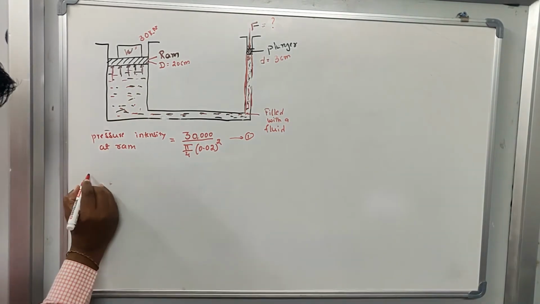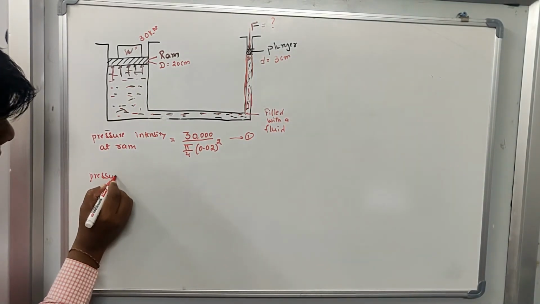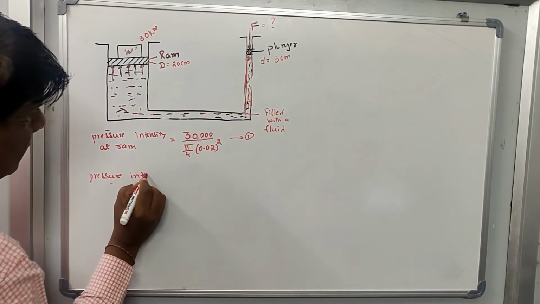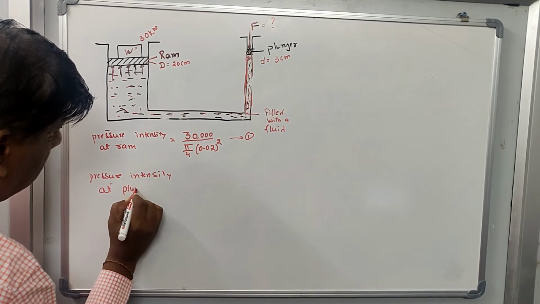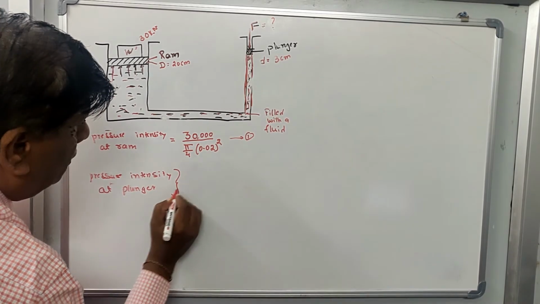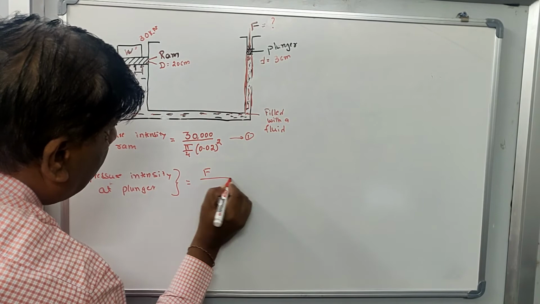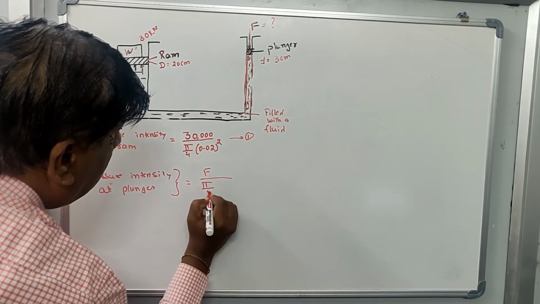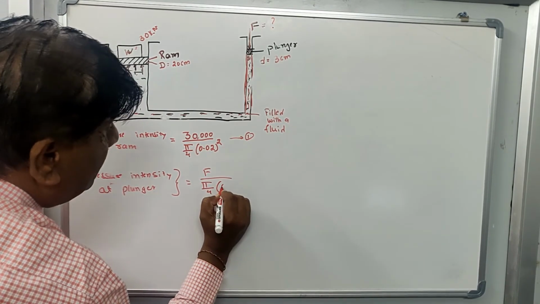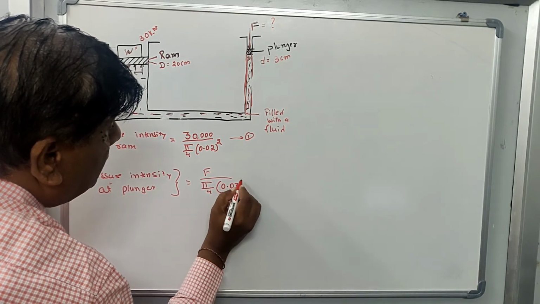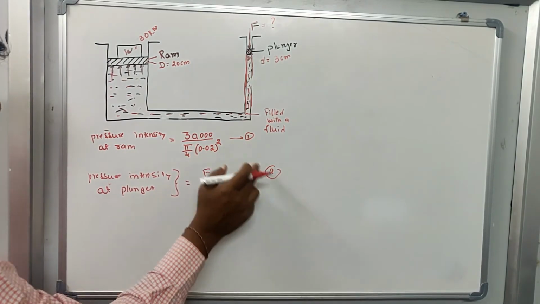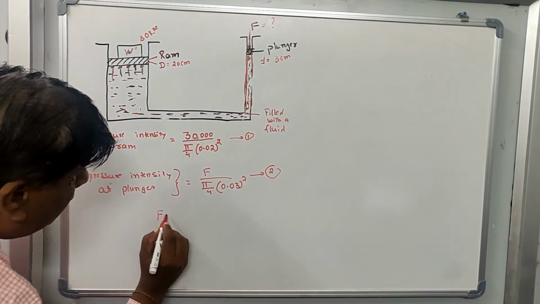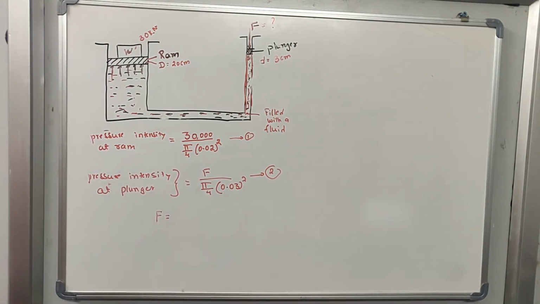Similarly, the pressure intensity at the plunger is equal to F divided by pi by 4 into 0.03 squared, where the plunger diameter is 3 centimeter. So this is equation 2. So equate equation 1 and 2 and find F. This is the next application.